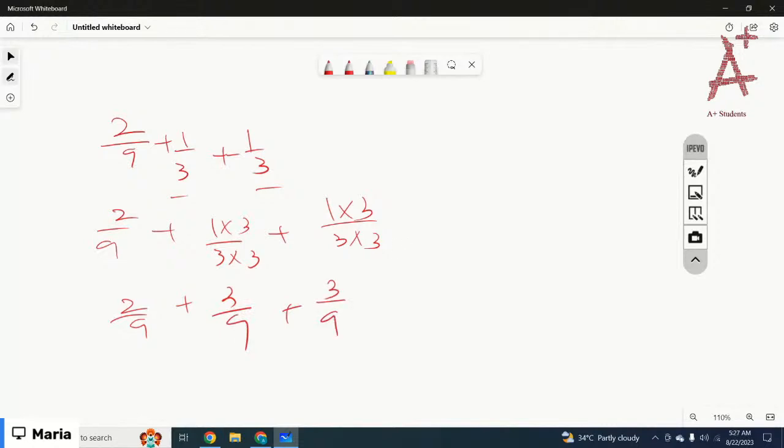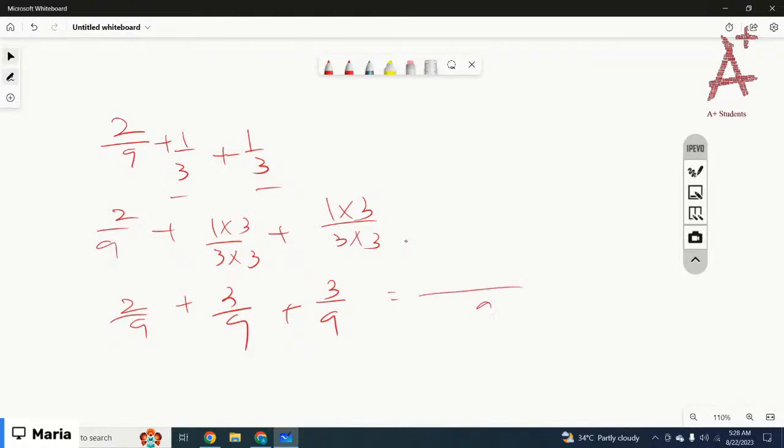You have to add the numerators so that when you add, the answer equals... It would be just add their numerators.